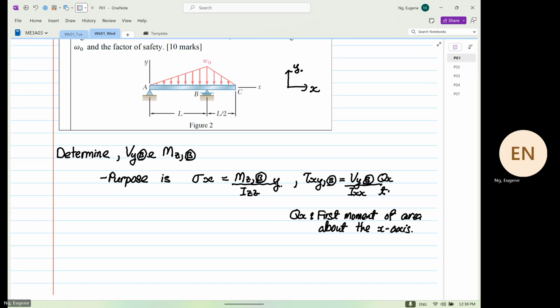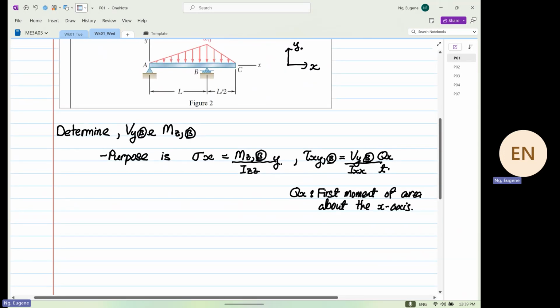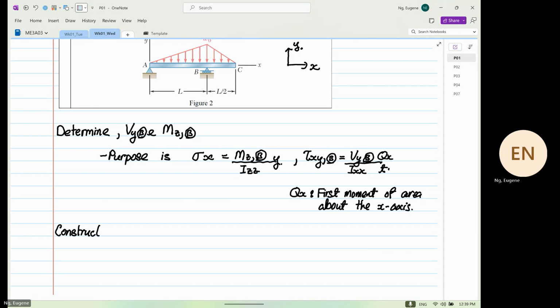So from here, once you determine these values, then we can construct the stresses acting on the element.